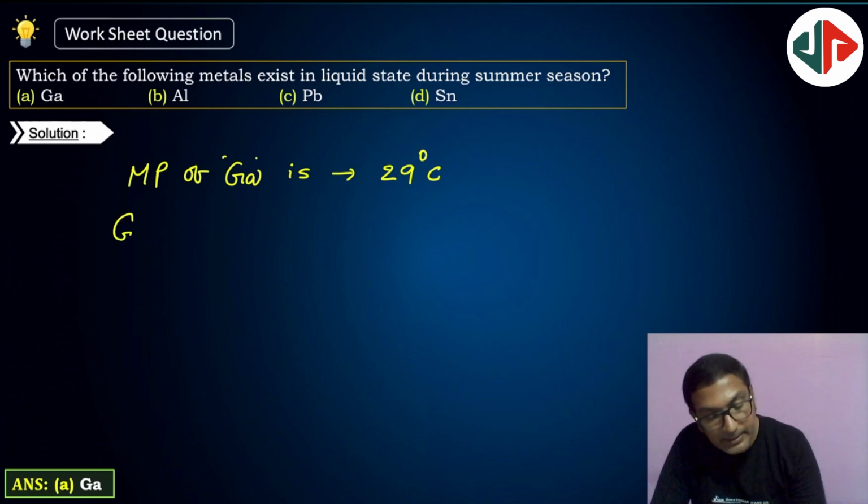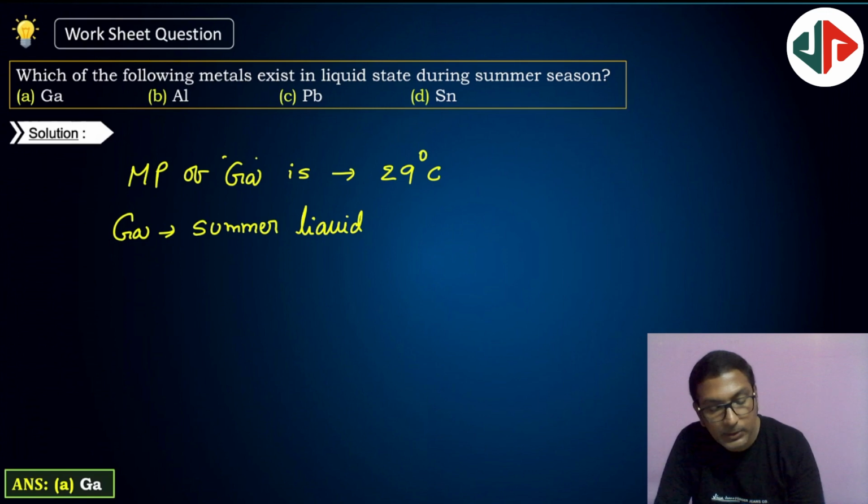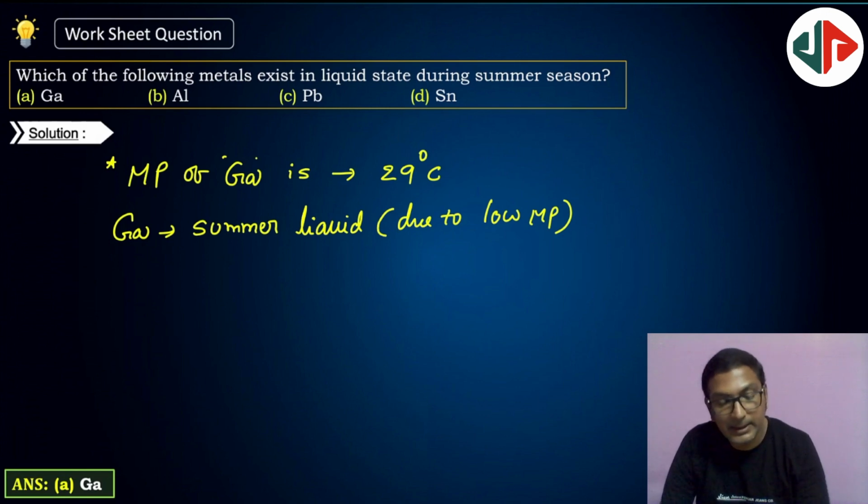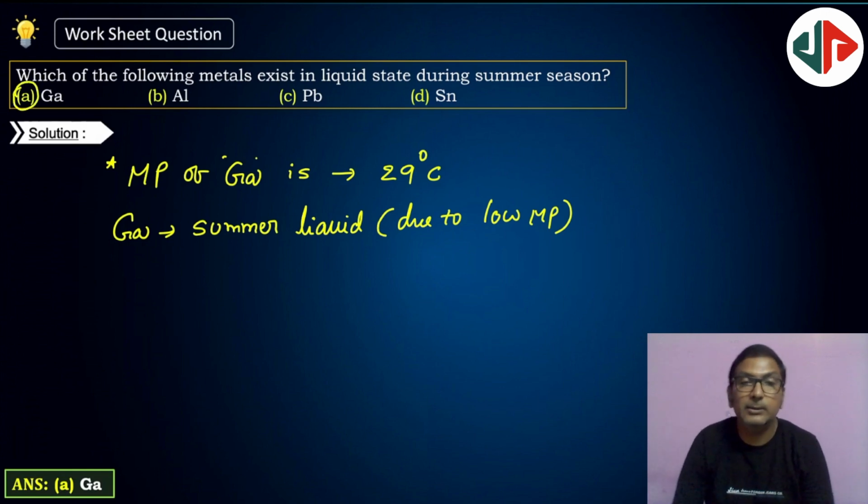Therefore, gallium is also known as summer liquid due to its low melting point. It is 29.76, approximately I am taking 29 degrees. So gallium is summer liquid due to its low melting point.